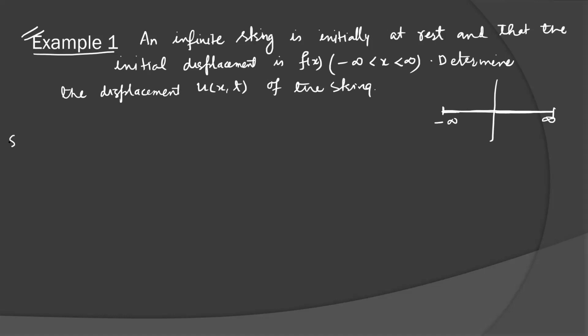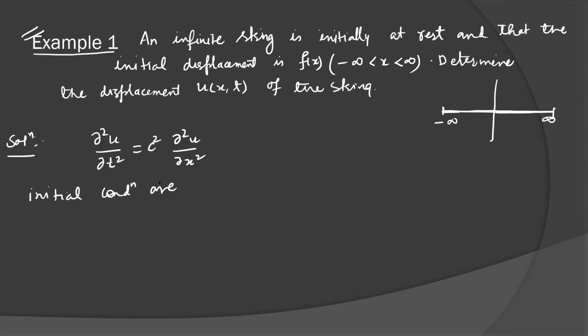So for the solution, the model is the given string, and if you displace this string, you will get a propagation in the form of waves, and its wave equation is del squared u by del t squared equals c squared del squared u by del x squared. The initial conditions are: when t equals 0, the initial displacement is f(x).